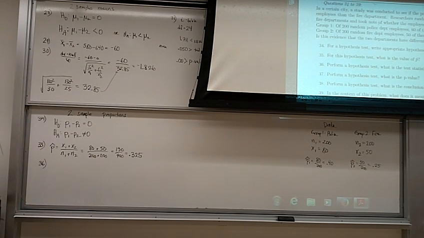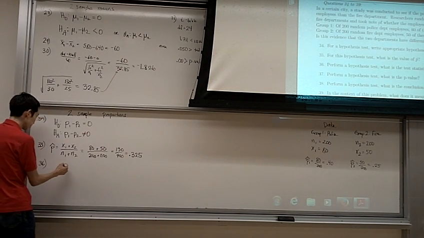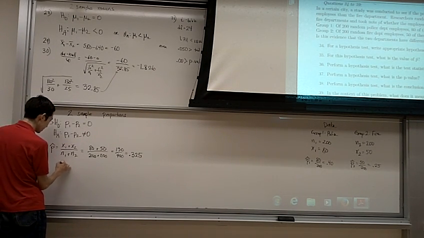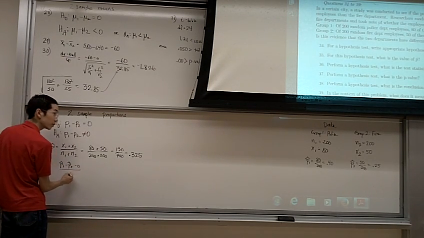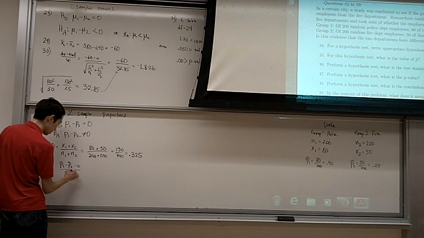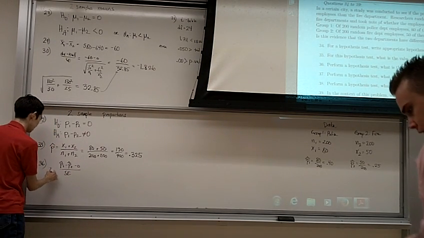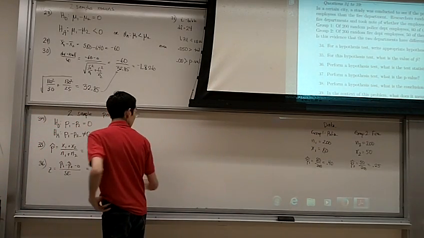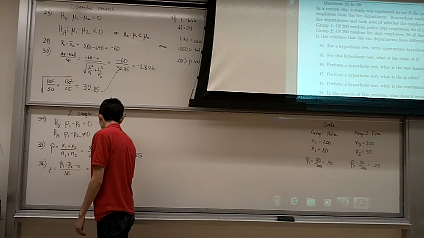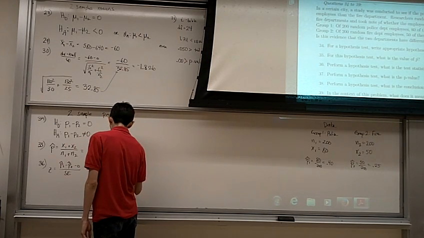36 asks, what is the test statistic? The test statistic takes your observed p1 hat minus p2 hat, technically minus 0, divided by the standard error. P1 hat is 0.40 and p2 hat is 0.25.